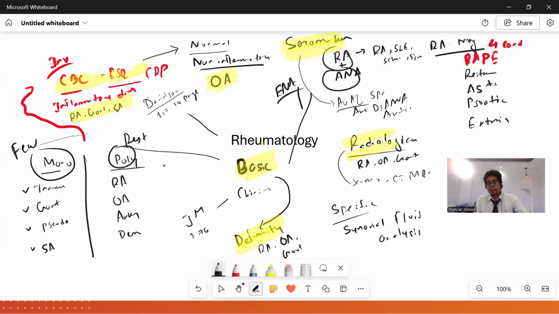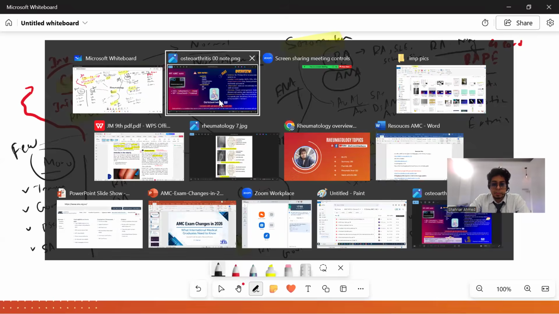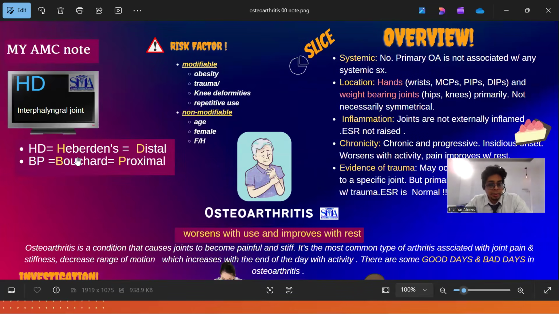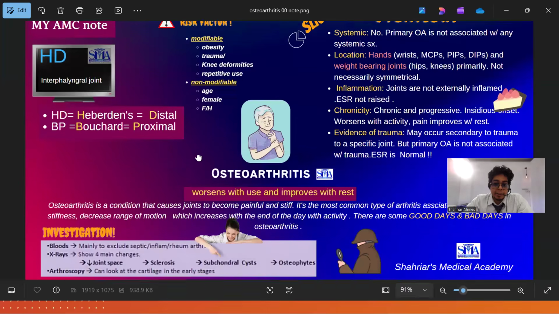Yes, gout technically also has deformities. So you need to figure out which particular joint has deformities. Gout has tophi, so technically deformity, right? Heberden is more distal, whereas Bouchard is more proximal. A little information, not so important for AMC. If you can remember, it's okay; if you don't, it's also fine.